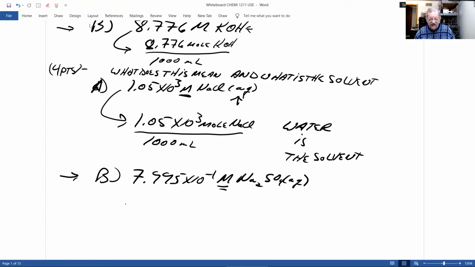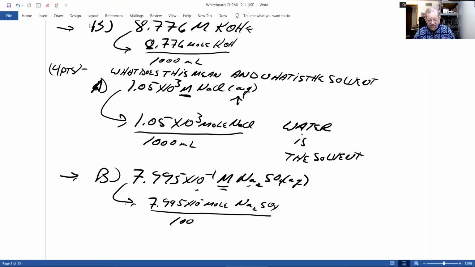As soon as you see the capital M between a number and a chemical formula, that's molarity. And what does this mean? 7.995 times 10 to the minus 1. Remember, molarity is moles of solute, in this case, sodium sulfate, Na2SO4, per 1,000 milliliters.